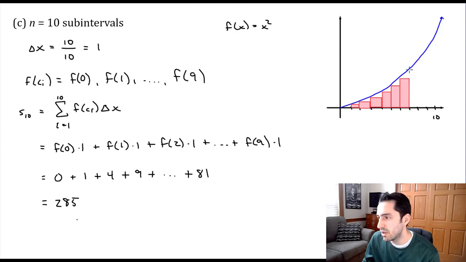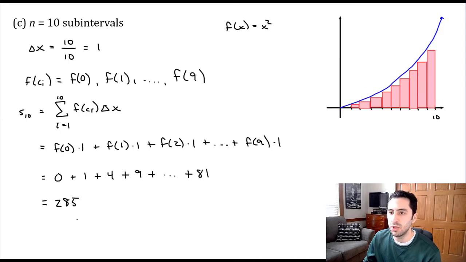And now that we're going up to 10 subintervals, it's decreasing even more. So I'm just putting these in, not being super accurate. But as you can see, that error, the space in between our function and our rectangles, is getting smaller each time. So that just goes to show that as we increase the number of subintervals, the approximation for our area is getting closer and closer to what the actual area is.